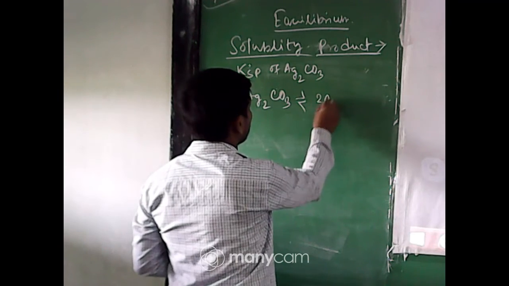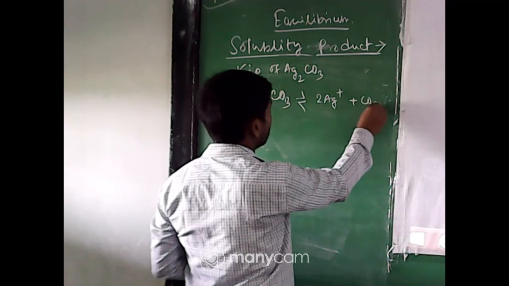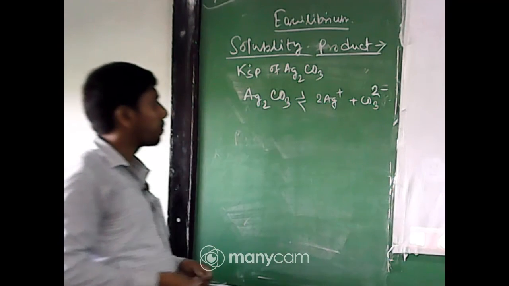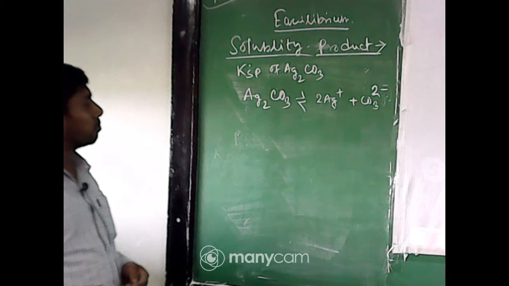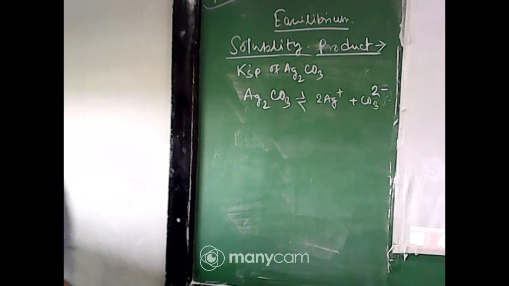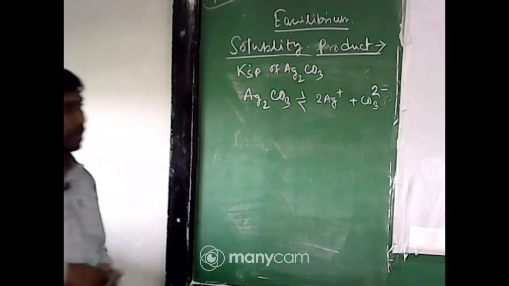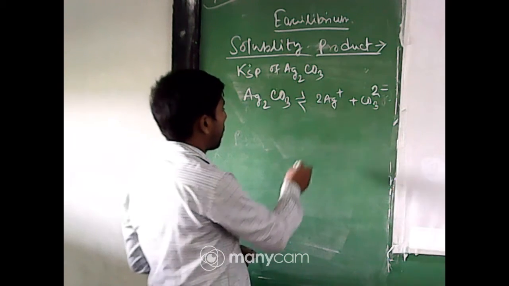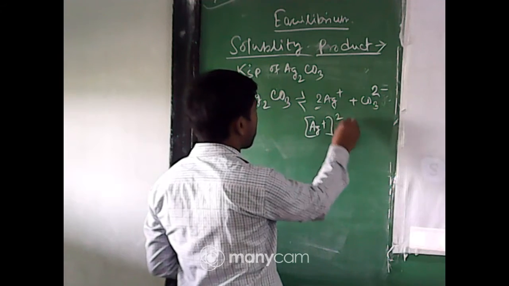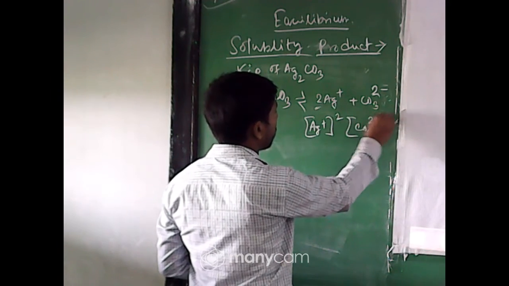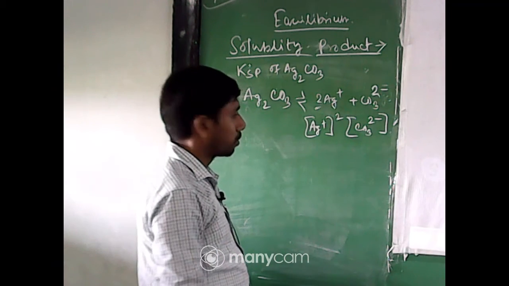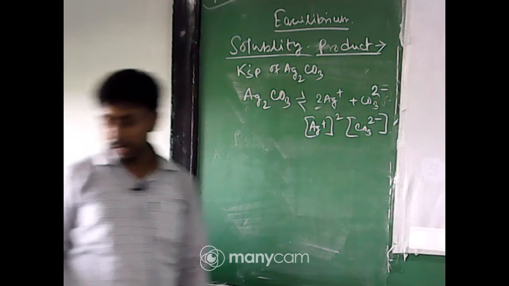So, here 2Ag plus and CO3 2 minus. Now it will be easier for you: the concentration of Ag squared times the concentration of CO3 2 minus. The number is in the power. Clear?